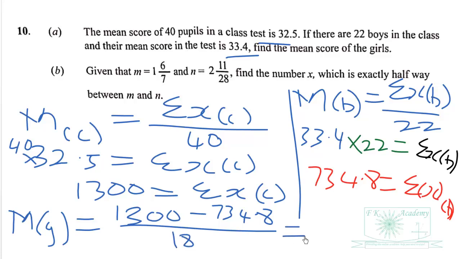And that will give us 31.4. So the mean score of the girls is actually 31.4. Now let's look at the B part of the question.